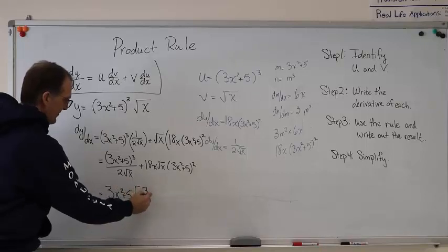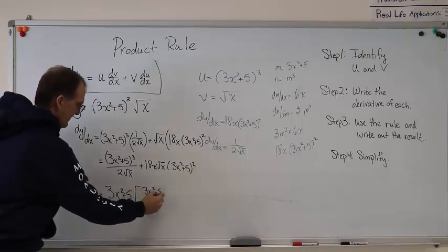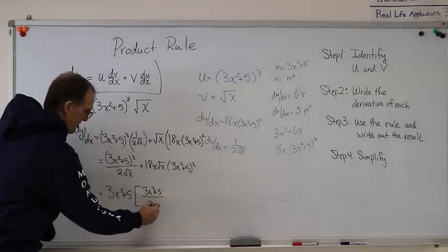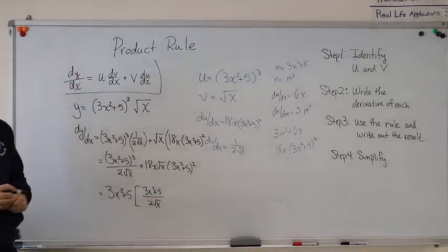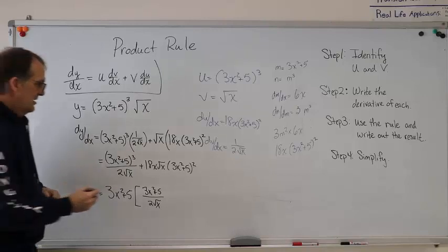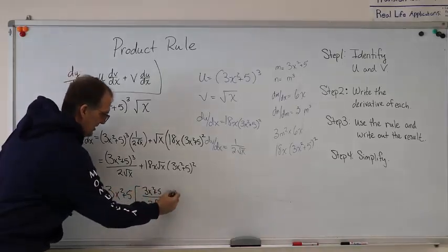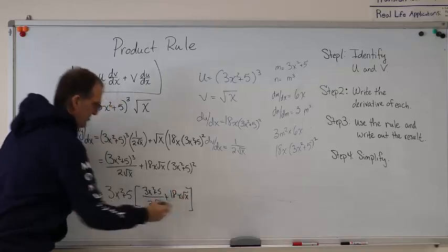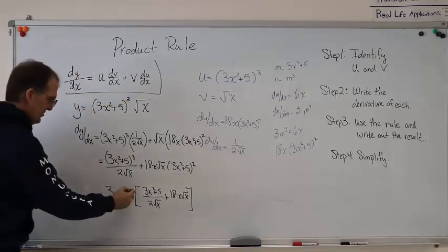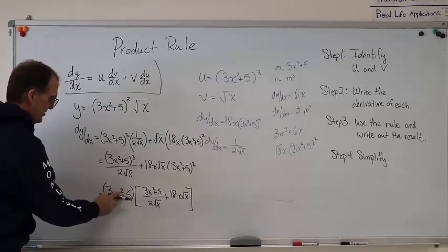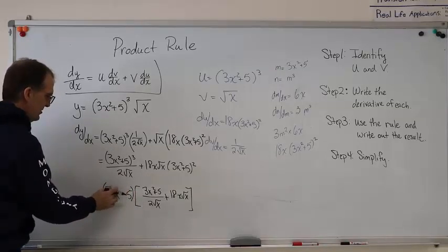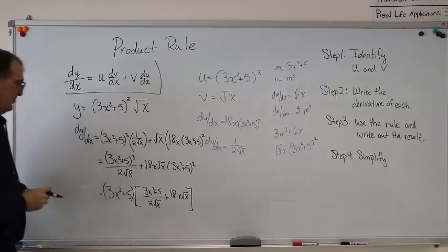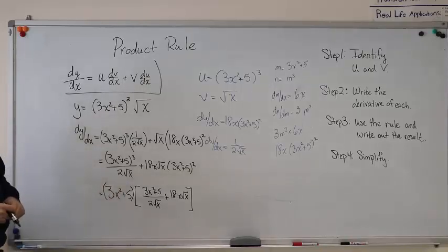And so we just have 3x squared plus 5 over 2 times the square root of x plus 18x square root of x, and just make that look a little cleaner. Essentially, there's a little bit more simplified version of the same derivative.